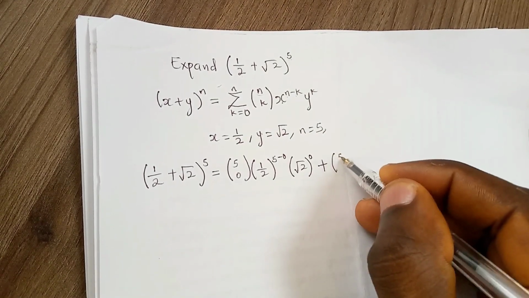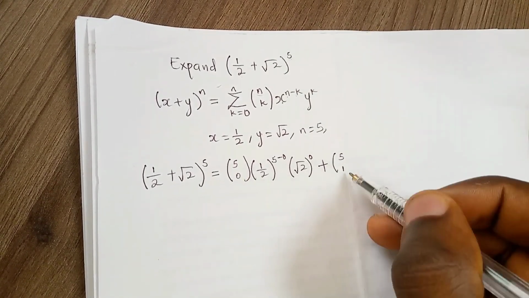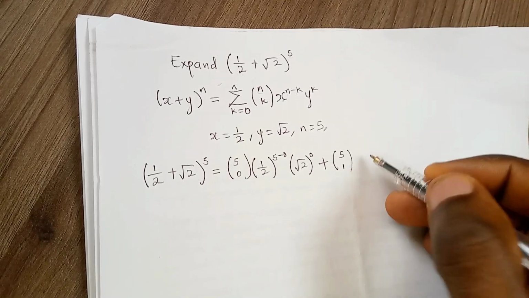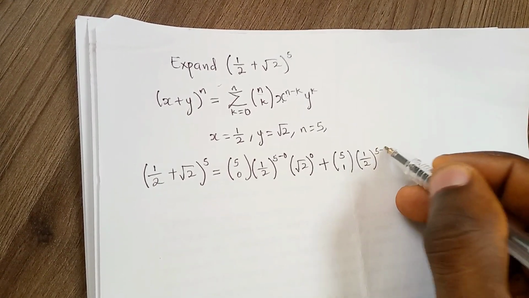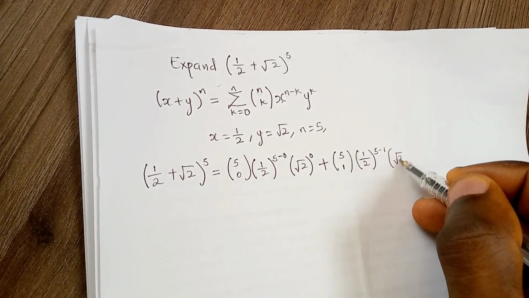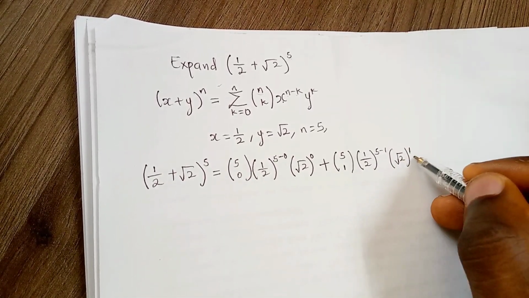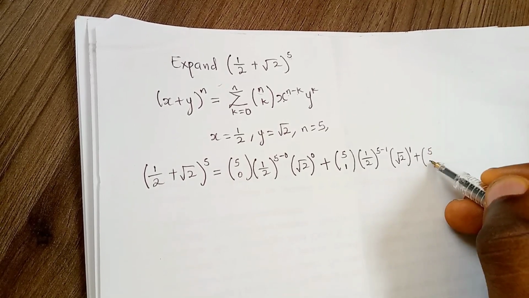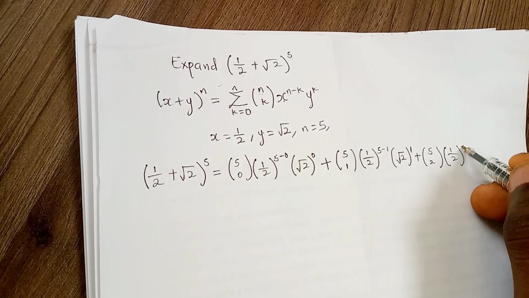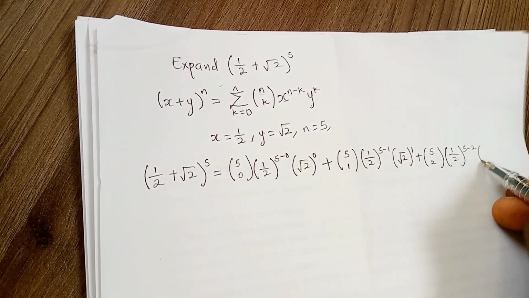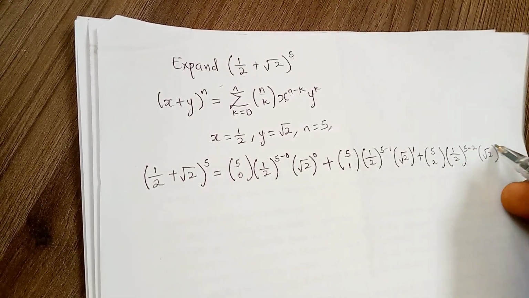Plus 5 combination 1 now. We move from 0 to 1. 5 combination 1, 1/2 to the power of 5 minus 1, square root of 2 to the power of 1. Plus 5 combination 2, 1/2 to the power of 5 minus 2, and then the square root of 2 to the power of 2.